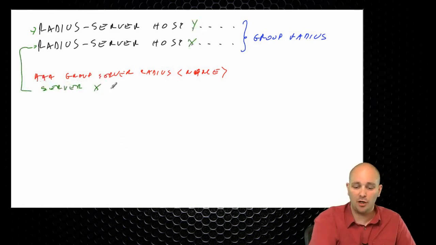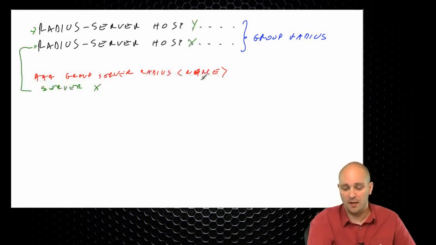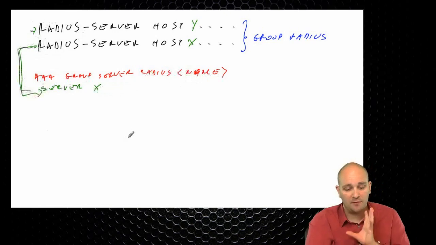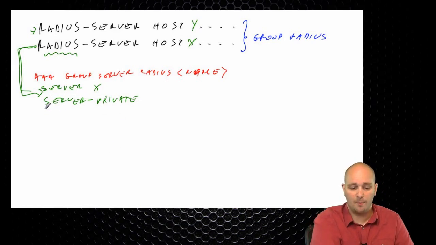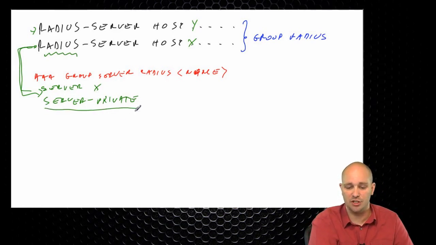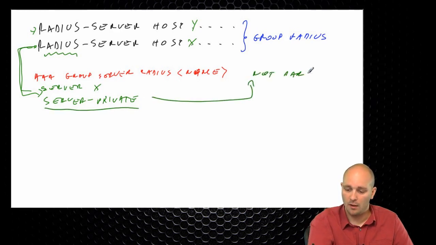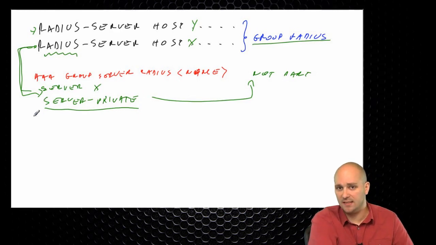That means that one of the globally defined radius servers is going to be part of this group. But we can also define a server that is going to be available only in this group, which is server private, which has very similar syntax to what we have in the global configuration, but these privately defined servers are not actually part of group radius. They are only defined within this private group.